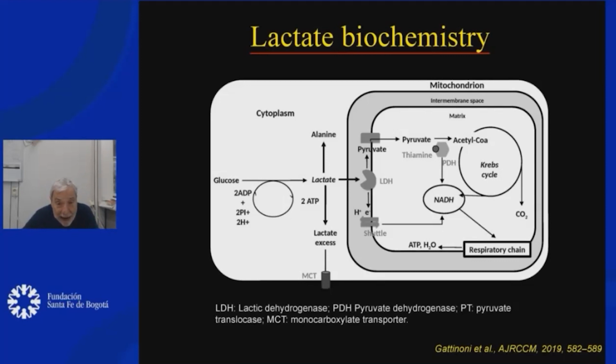Or I may have, in the Krebs cycle, a lack of the final receptor, which is oxygen, or may have a problem with all the enzymes that are present in the mitochondrial chain, which produce energy at the end. So you see there are several mechanisms through which I have an increased lactate.